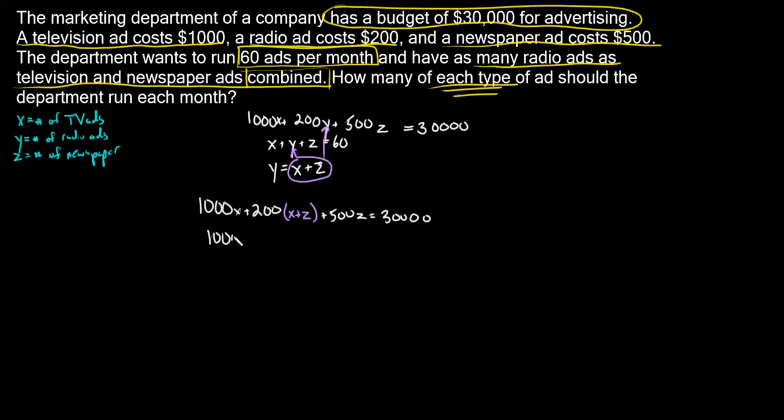This is going to be 1,000X plus, I'm going to distribute the 200, plus 200X plus 200Z plus 500Z is equal to 30,000. Okay, and once I clean this up a little bit, I can combine these. These are like terms. That's going to become 1,200X. These are like terms. That's going to become 700Z is equal to 30,000.